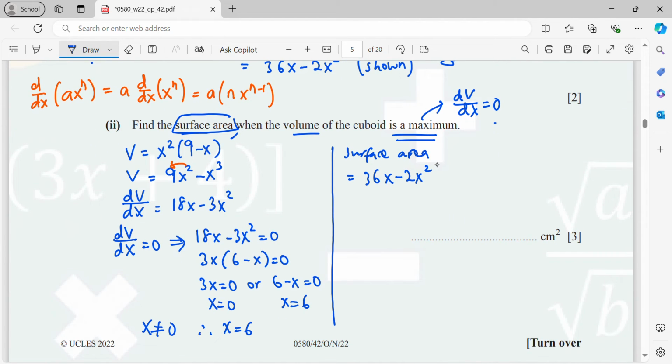Now my x is 6, so that is 36 times 6 minus 2 times 6 squared. Then you will get 216 minus 72, that is going to be 144. So that is your surface area of the cuboid.